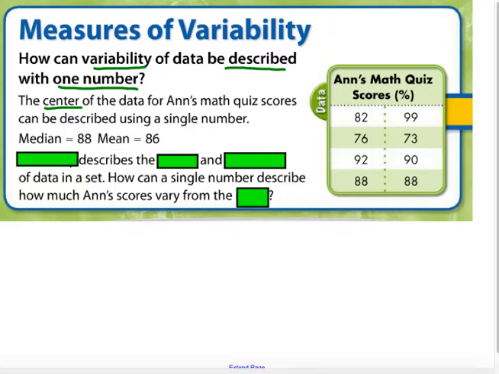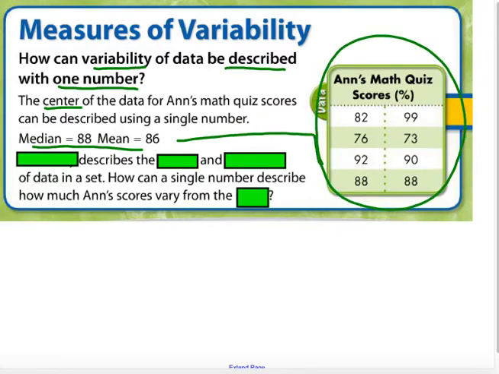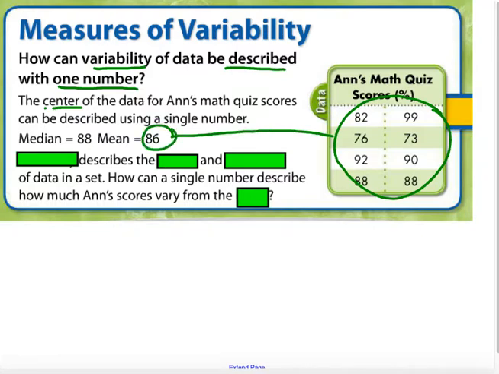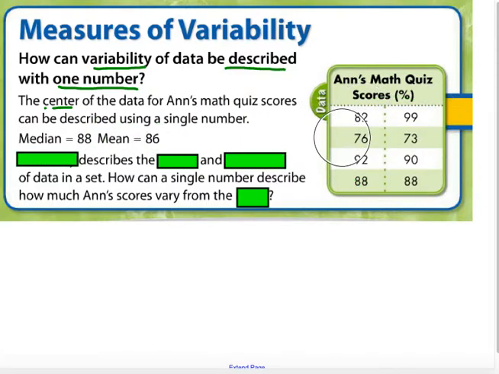And another measure of center would be the mean. So these two numbers represent Anne's overall scores. Okay? Now, what we might want to also know is how do her scores vary from these two numbers? In other words, is she scoring a lot higher than those usually? Is she scoring a lot less? You could think of it that way.